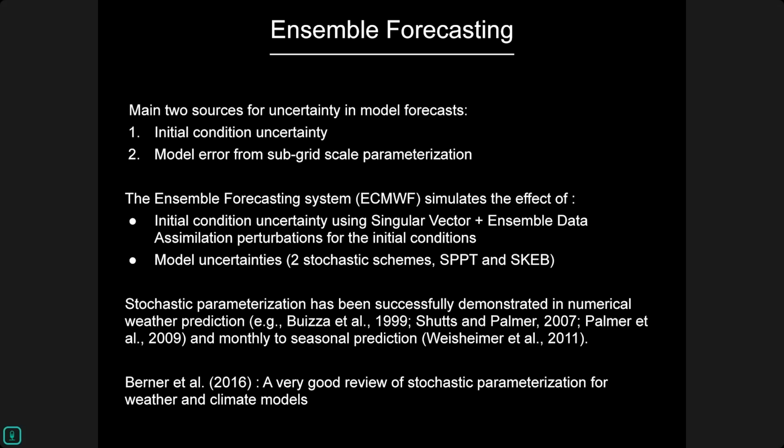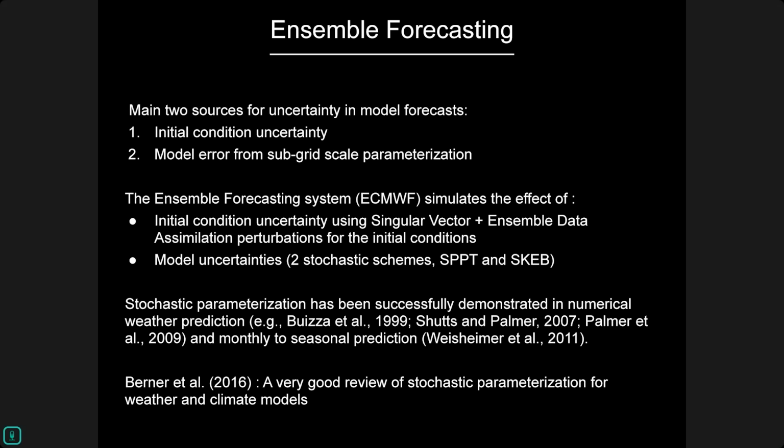In terms of the European Center, the initial condition uncertainty comes both from the ensemble data assimilation framework, where your ensemble assimilates observations and you get that P matrix that Sarah talked about, which represents ensemble uncertainty in the initial conditions. They also do what are called singular vectors.